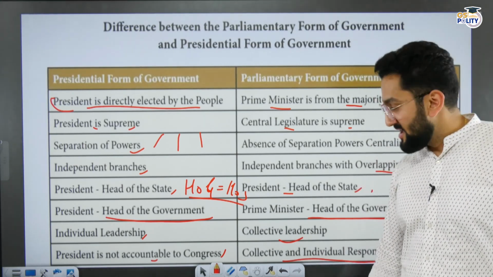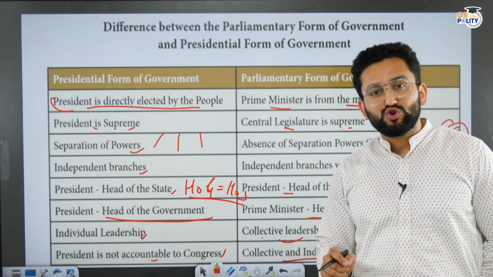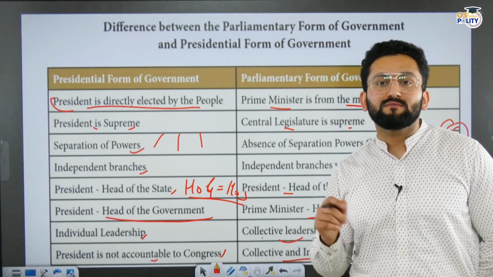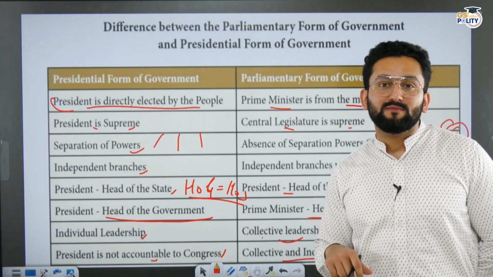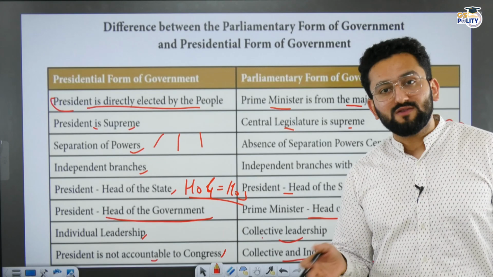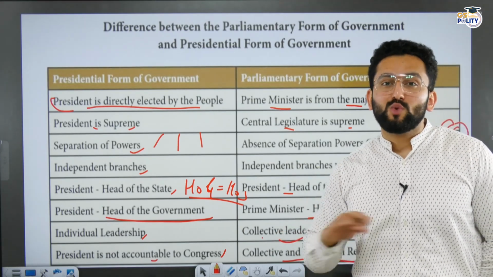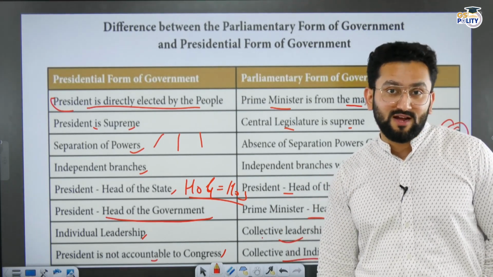Collective responsibility means the moment you lose confidence in the Lok Sabha, you have to resign. There can be a no confidence motion in Lok Sabha. That's why it is said that in parliamentary form of government, cabinet people, in council of ministers, they swim together and they sink together. Swim and sink together because they are collectively responsible.